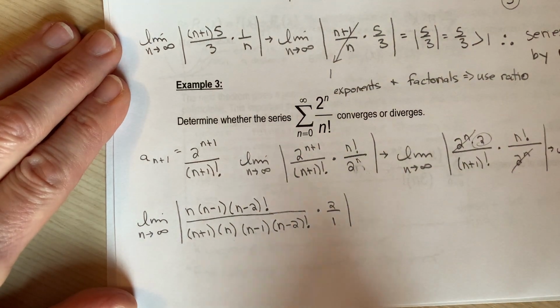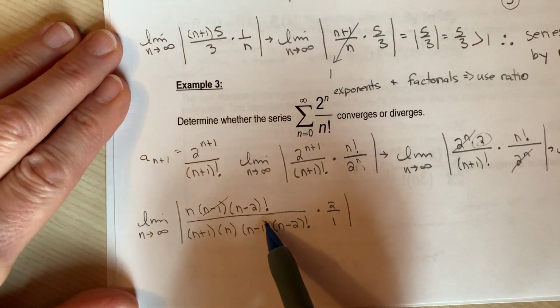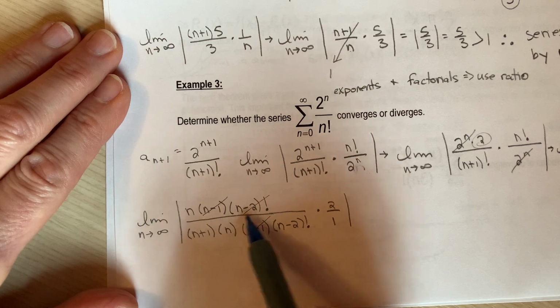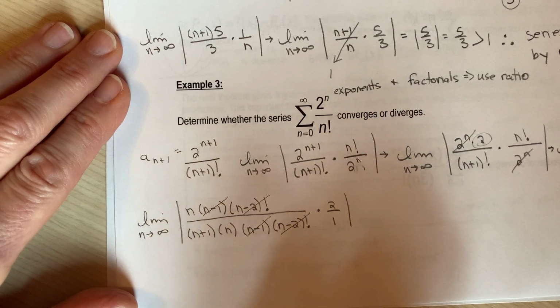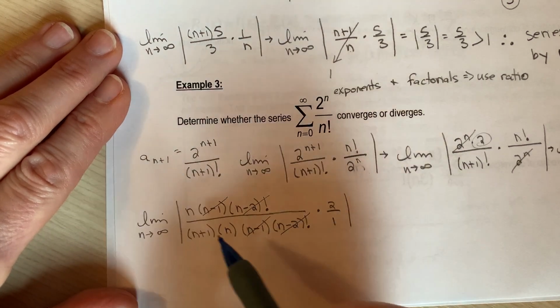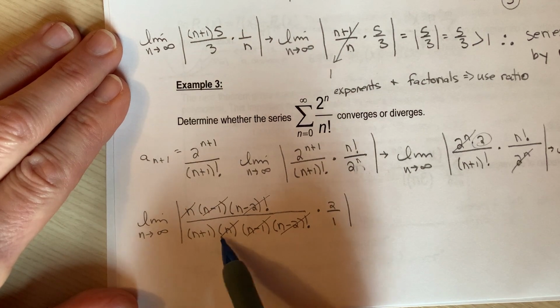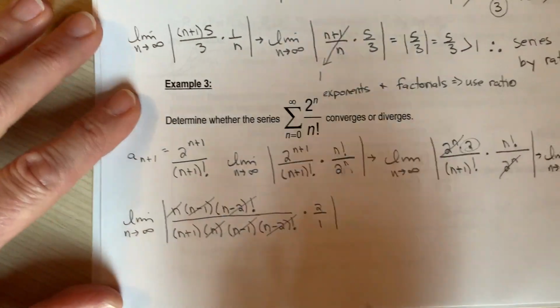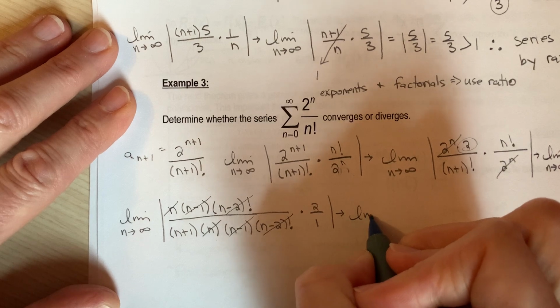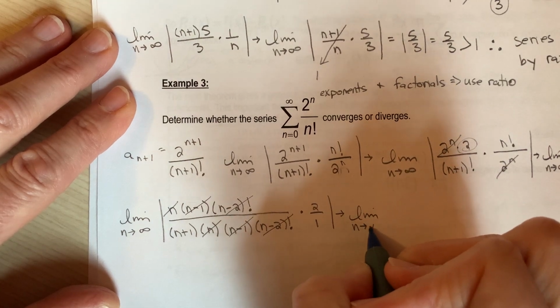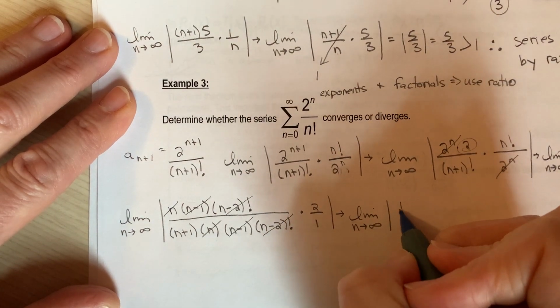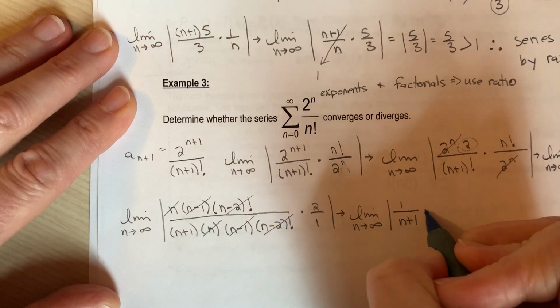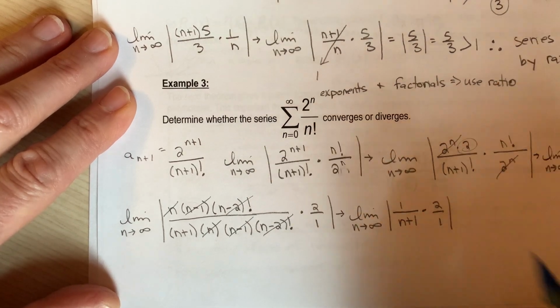Now you can kind of see what's happening here. N minus 1, n minus 1. N minus 2 factorial over n minus 2 factorial, 1 out. N divided by n is just 1. So my factorials are gone now. And what I am left with is 1 over n plus 1 times 2 over 1.